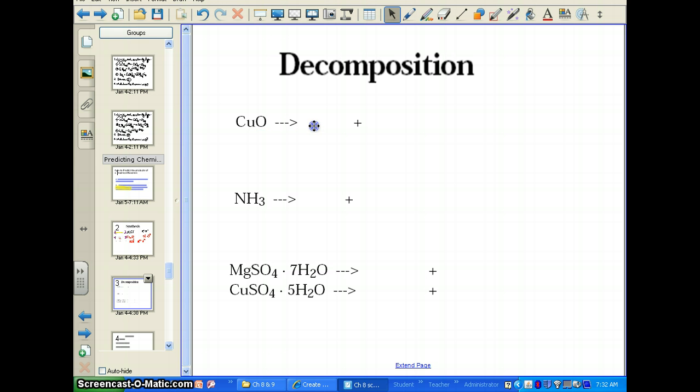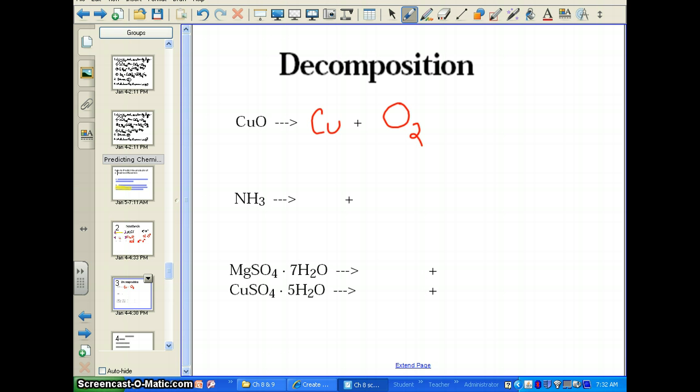In that case, the copper is going to be one of the two elements formed, and the oxygen is going to be the other element formed. Before you say you're finished, you have to think about whether either of these two products need to be written as diatomics. Oh yeah, I remember now. The copper is not diatomic, but the oxygen is.